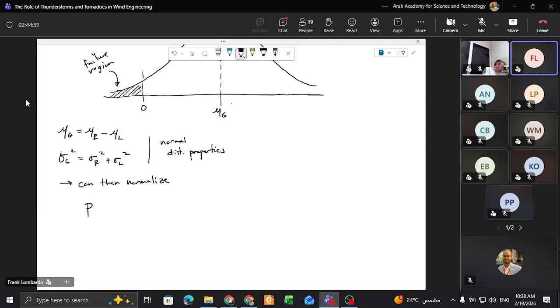To do that, you can normalize and say the probability of failure is equal to phi, the standard normal CDF, back to our CDF discussion, of 0 minus the mean of G, over the standard deviation of G. Go back to basic statistics now. Does this look familiar to any of you? Some number minus the mean over the standard deviation.